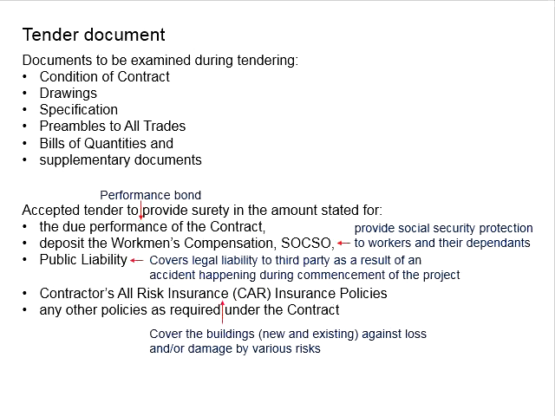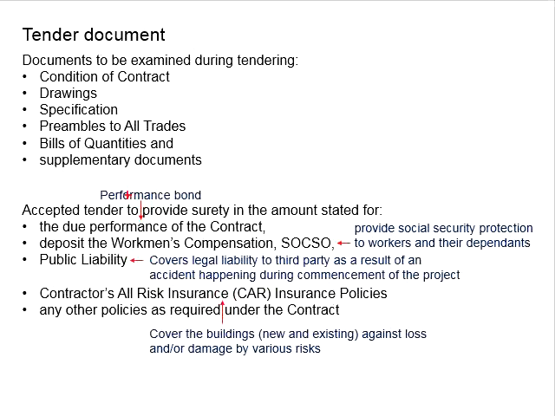The main purpose of this is to provide social security protection to the workers and their dependents. In the case that any accident happens to the workers, there will be insurance to cover the costs associated with it. There will also be compensation to the workers as the accident is related to their work.